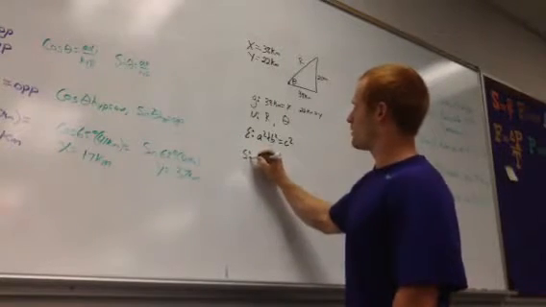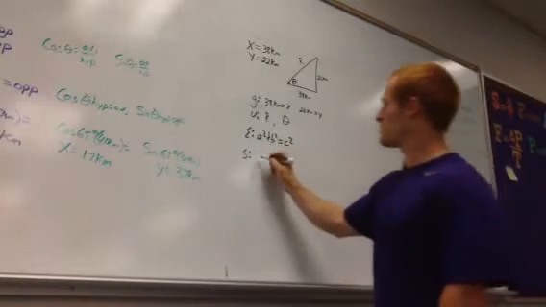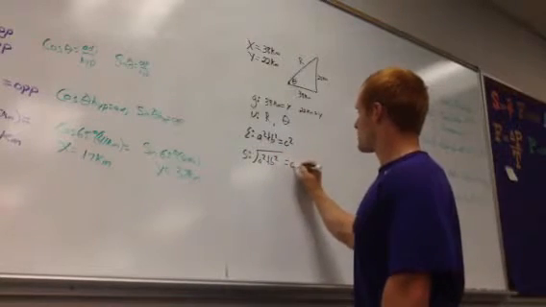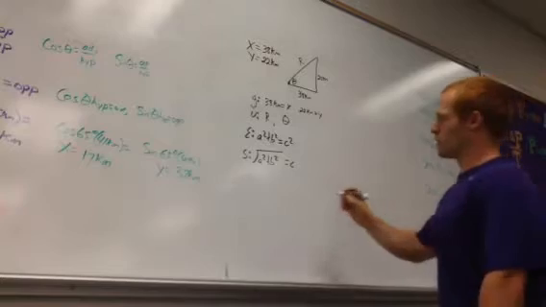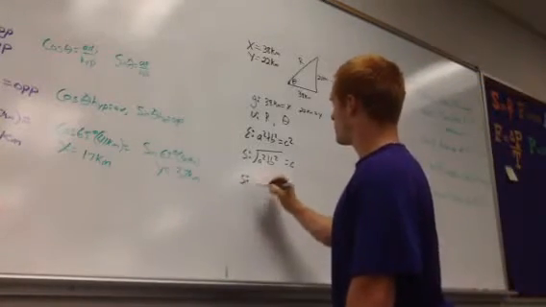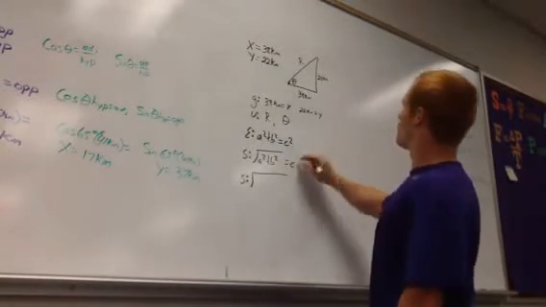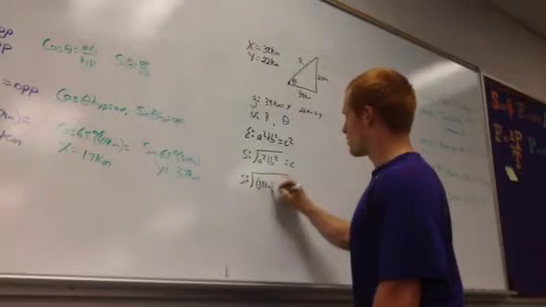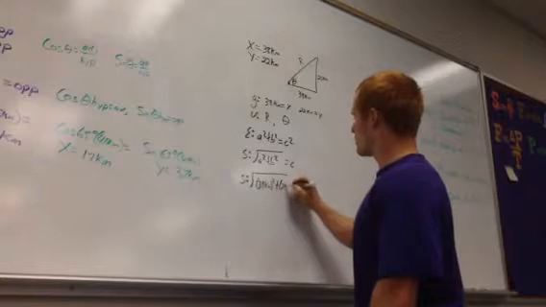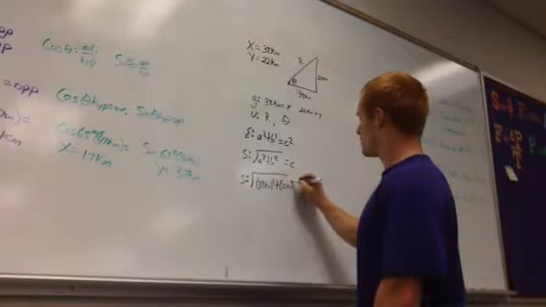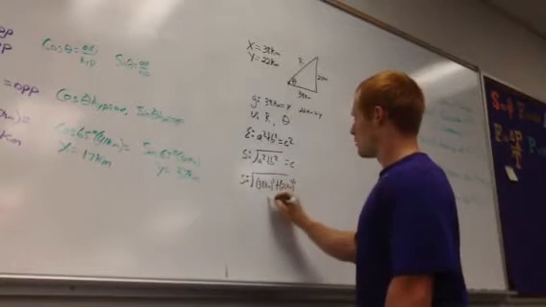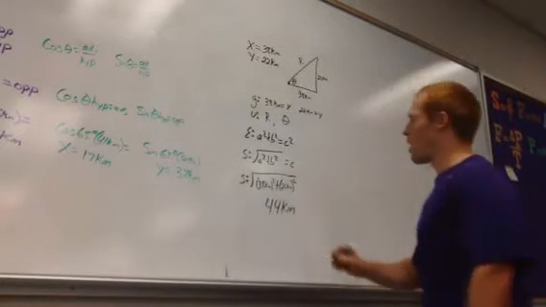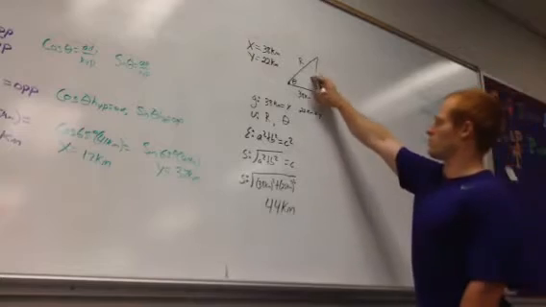To sort it, just square root both sides. So we'll have the square root of a squared plus b squared equals c. We're going to just plug in those values. It doesn't matter which one you use as a or b. 38 kilometers squared plus 22 kilometers squared. You're going to get 44 kilometers. So that is your hypotenuse, or resultant.